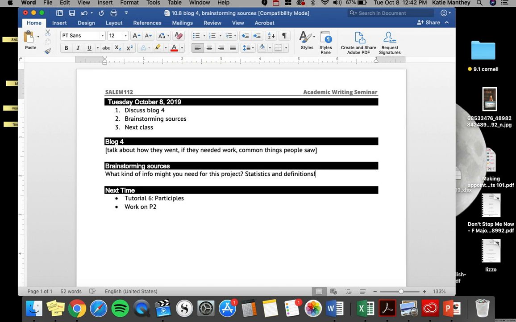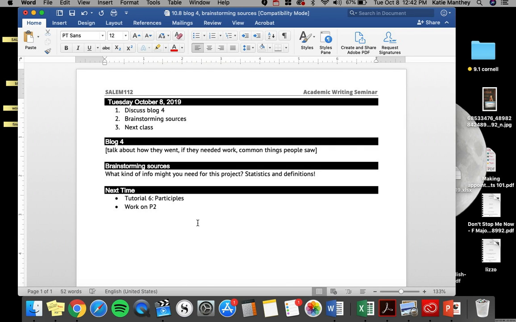What percentage of women in the United States are mothers? And it's as simple as that. Also definitions. What is the definition of mother? So going through, rereading, highlighting places where you think that's either a statistic or a definition or some other sort of source material, credible information backing up your claim might help what you're doing.